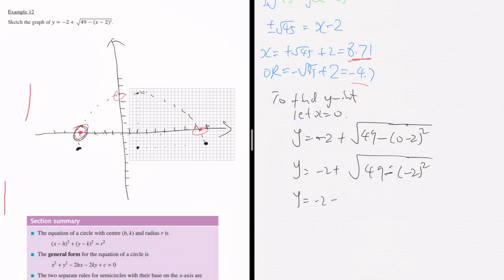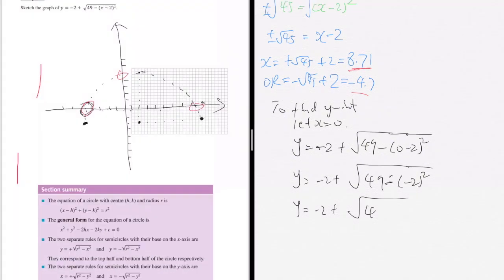Then y equals -2 plus the square root of 49 minus, and here (-2) squared gives me a positive 4, so minus 4, and then y equals -2 plus the square root of 45. If you put it in your calculator, that will be equal to 4.7.